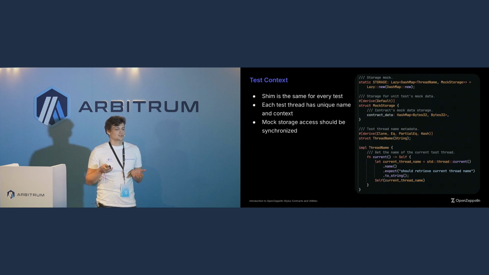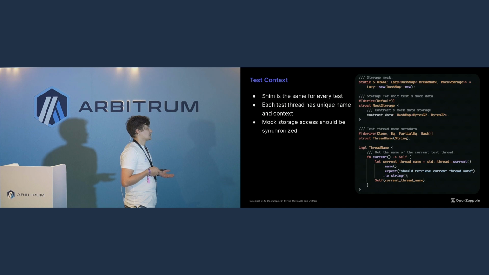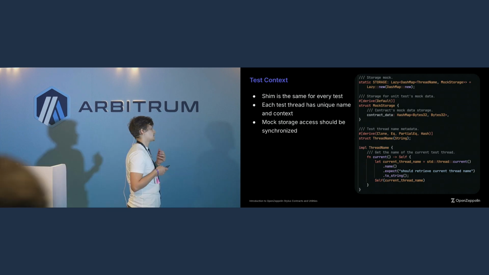What we need to do is just take the thread name and use it as a key in some concurrent hash map. In this example, we're using DashMap, and it works. In this case, all test cases run concurrently in parallel, and it is enough just to mock storage data.